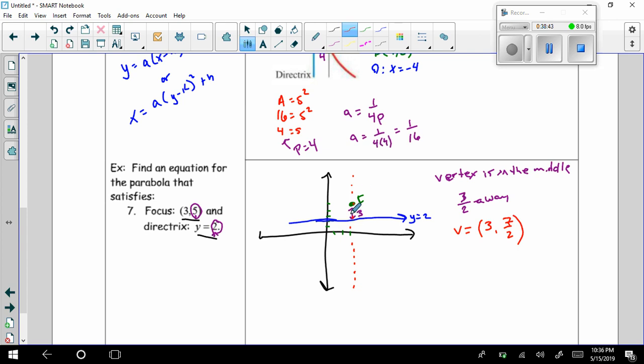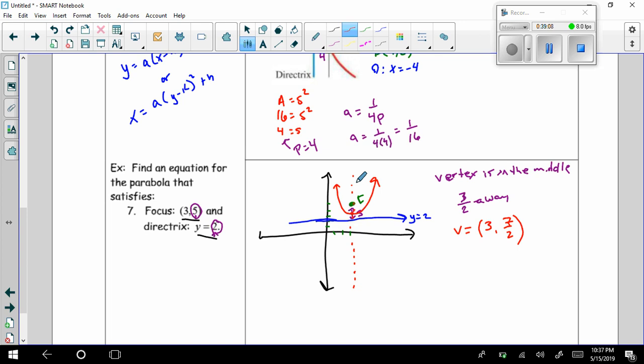Okay, so my vertex will be somewhere in here. This one is going to be open up. I know that because my focus needs to lie above my parabola and my directrix needs to lie below it. So this helps you know which direction it goes.